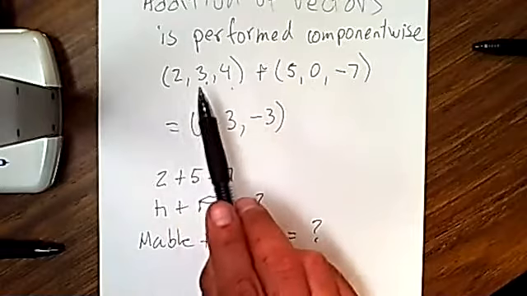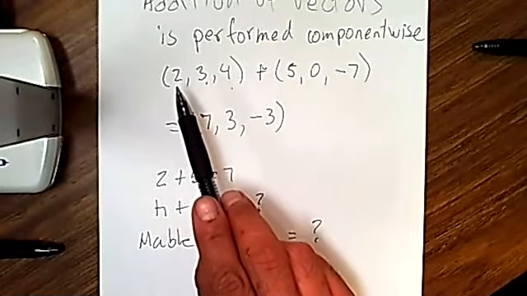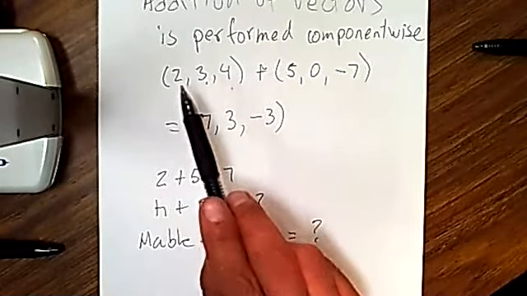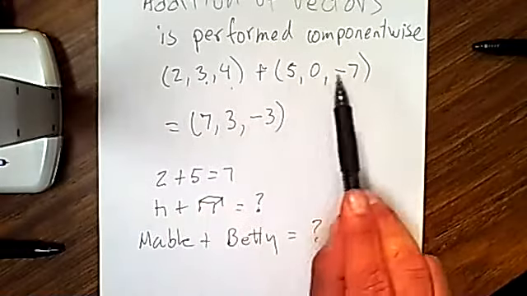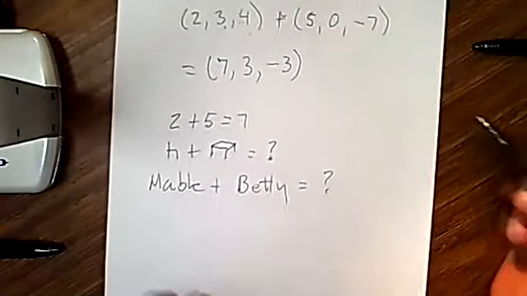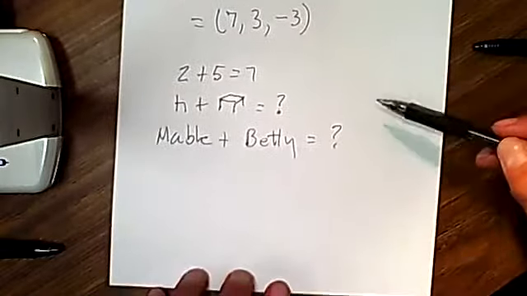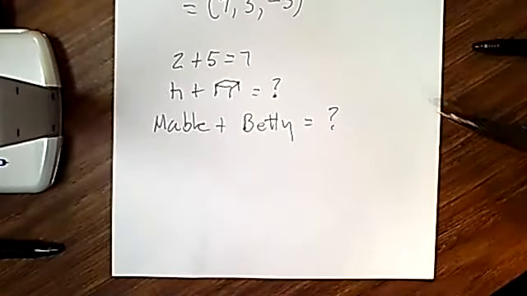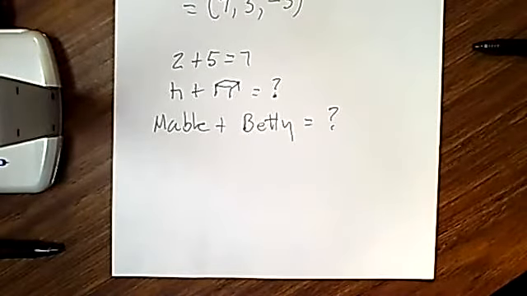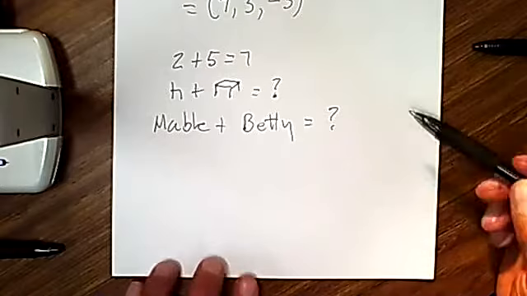We cannot add the first coordinate of this vector with the third coordinate of the vector over there. That's not going to work. What I'm trying to say is that the addition of vectors is completely a ramification of the addition of real numbers.